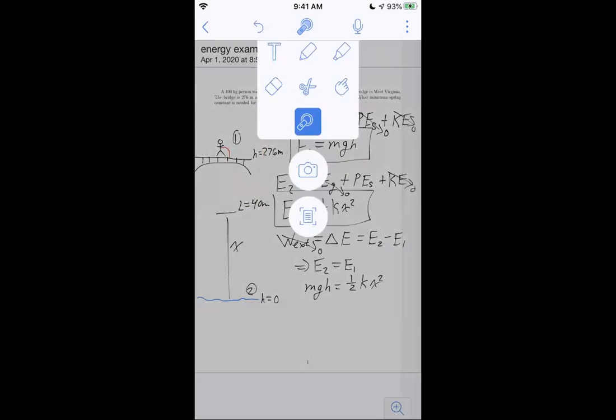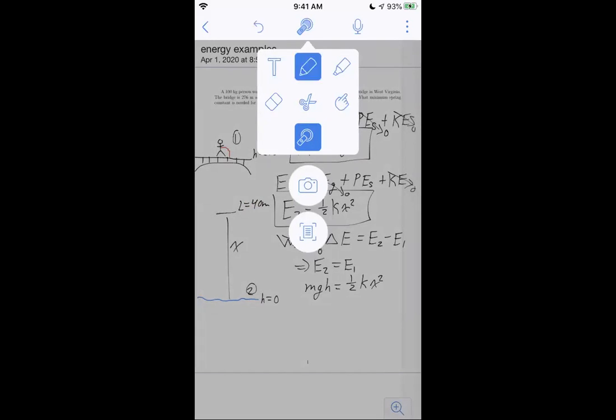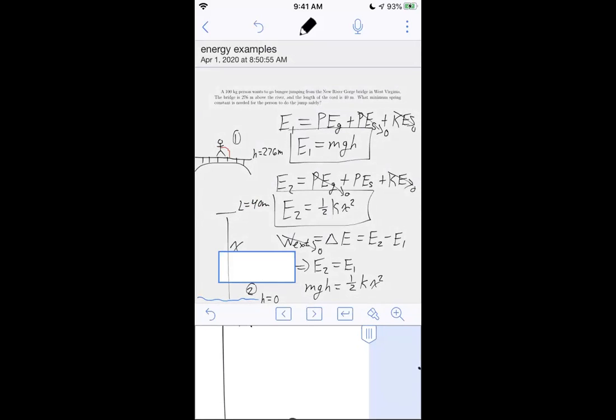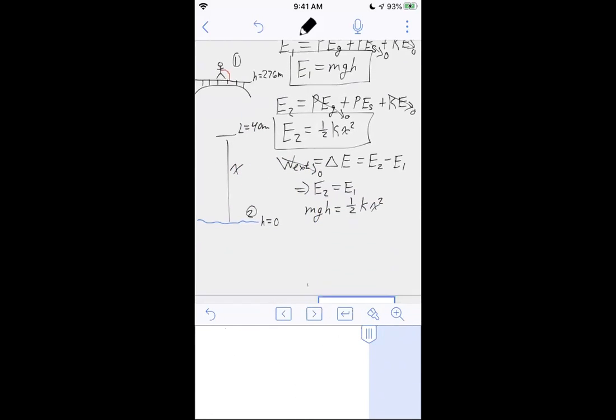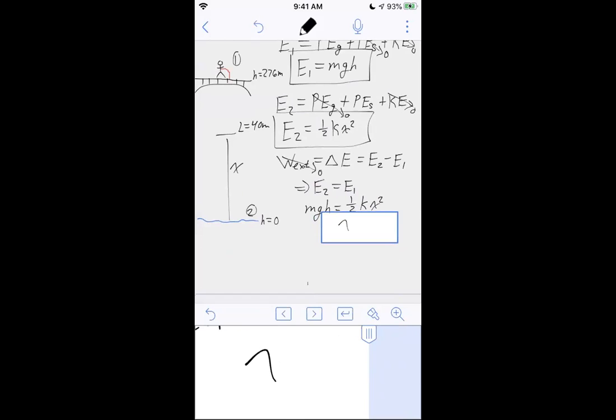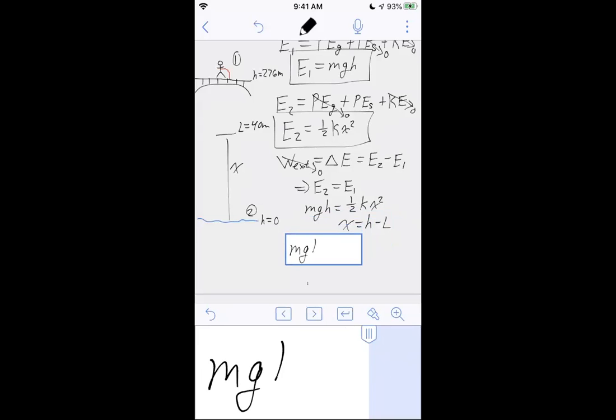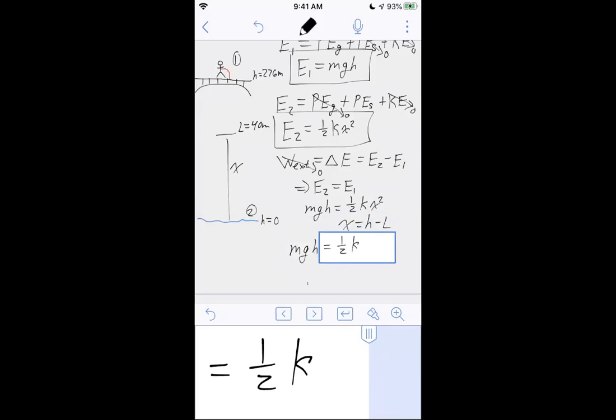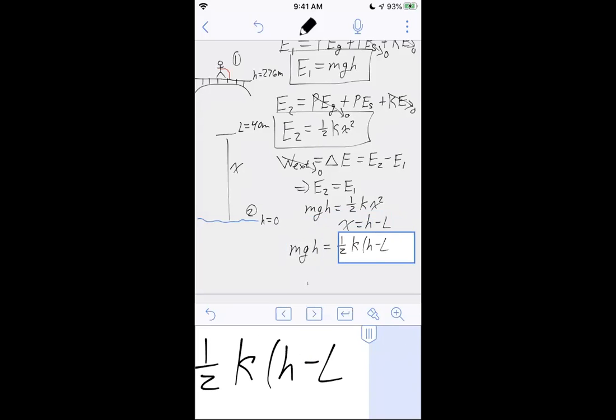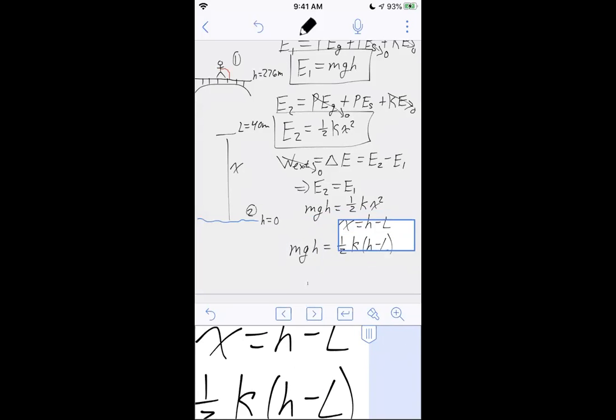Now to work in terms of variables here, I'll say that x is equal to the height of the bridge minus the length of the bungee cord. Okay, so then I can write mgh is equal to 1/2 k (h minus L) squared.